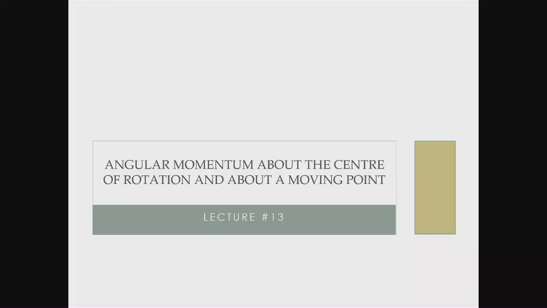Okay. So what we are doing now, we are continuing the angular momentum topic. We are jumping between angular momentum and inertia tensor for the time being. What we did was angular momentum about which point? G, which is the center of mass of a rigid body.